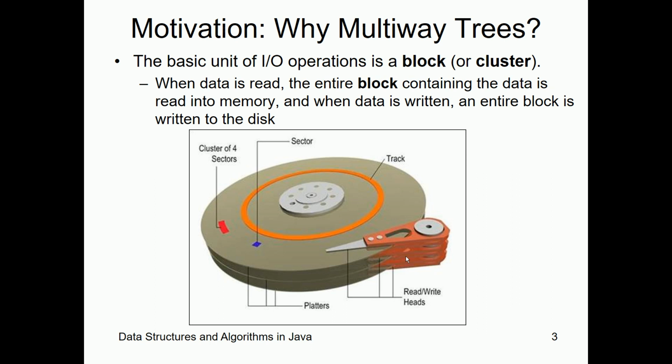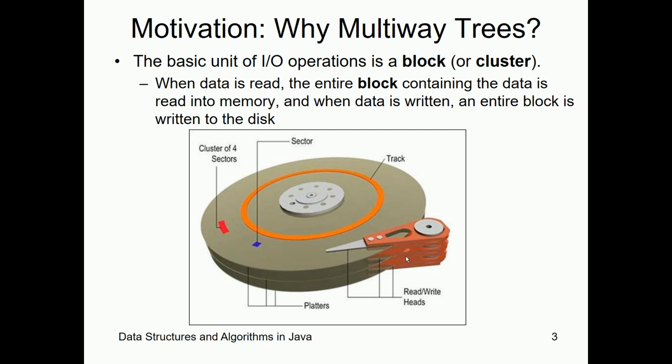When we were adding a small number of nodes, everything was in the RAM, and in the RAM everything is faster, so no big deal. But when the tree becomes larger and the RAM cannot hold all that information, we have to deal with the hard disk, the secondary storage.